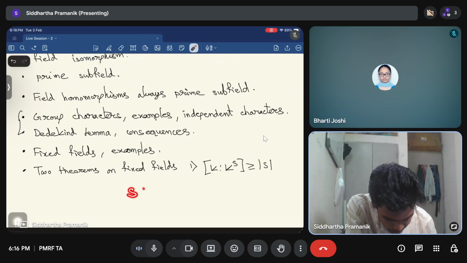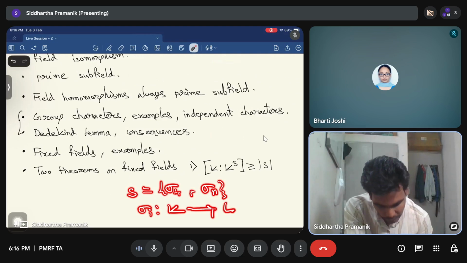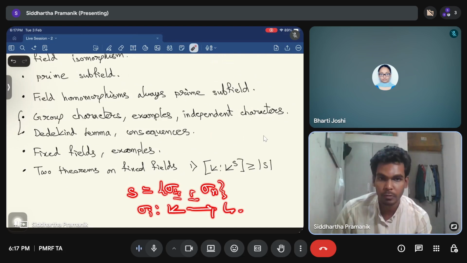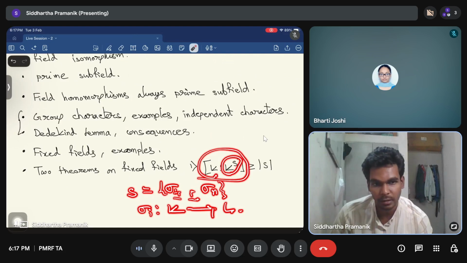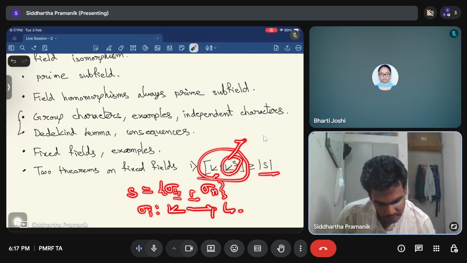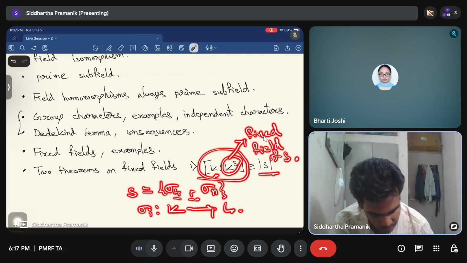S is a collection of finitely many field homomorphisms sigma i from K to L. Then if you take the fixed field of the homomorphisms sigma 1 up to sigma n, denoted by K_S, then the degree of this extension has to be at least the cardinality of S. So K_S is the fixed field of S. So this is the first theorem on fixed fields.